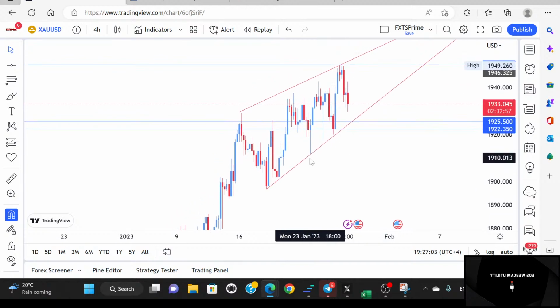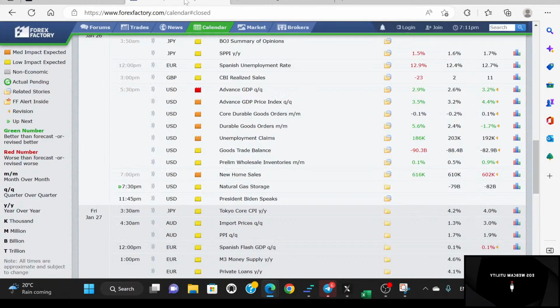So what has happened to push the price up? Basically, if you look at the GDP data today, that is about the productivity of the US. This GDP is the gross domestic product of the US.